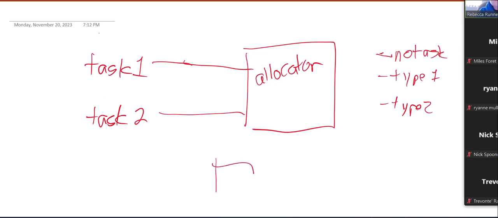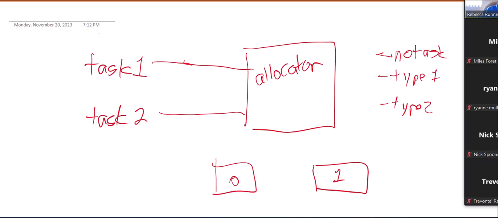So we have 2 stations, and again, if you want to change yours to have more than 2 stations, you can do that later, but right now we're going to say we have 2 stations. And the allocator, now one thing that I was not clear on, but your professor cleared it up for me, is your allocator does not have to be smart.